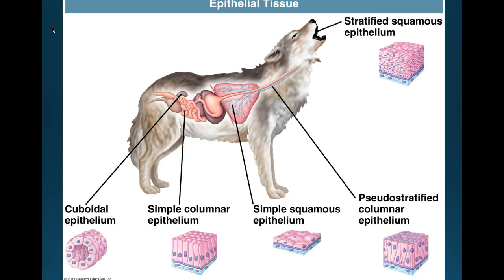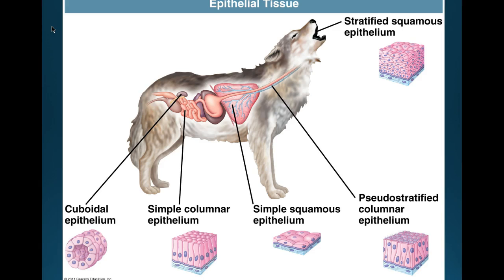Now, some of the main functions of epithelial tissue is that it's a barrier against mechanical or physical injury. Also, it prevents fluid loss. So we see this within our digestive system, which is being shown here.